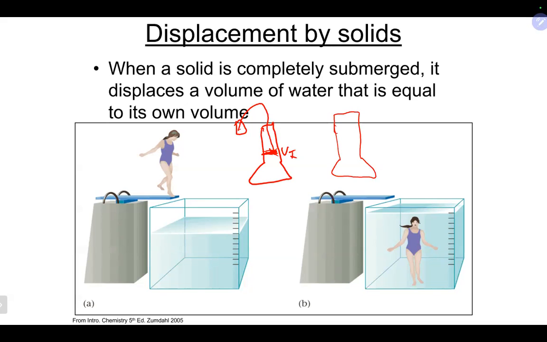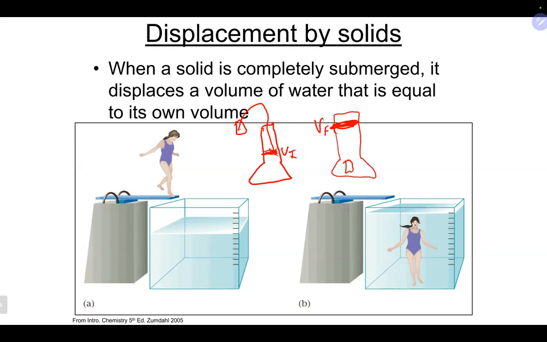When I dump the solid into my graduated cylinder here, will the volume level go up or down or stay the same? Should go up. So we will see the volume level actually increase. That is the displacement we're talking about. It will actually displace a volume equal to its own volume. So it's a very convenient way for solids: you can just drop it in some water and figure out the volume of it. And you would take a final reading like you will do today.